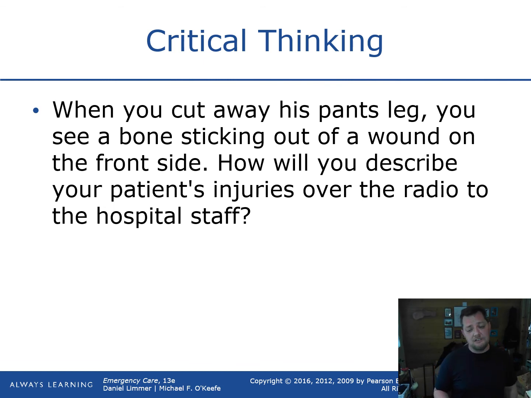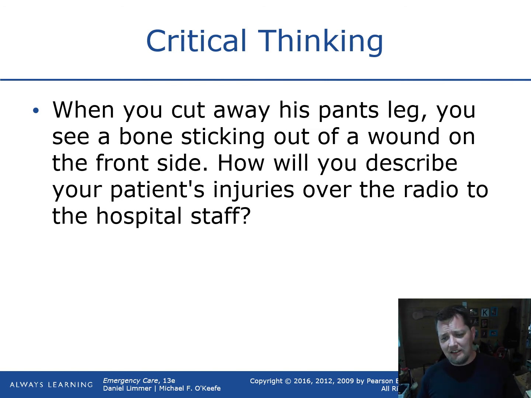So on this patient, I would say that I've got a male patient who has a laceration to the upper arm on the left side, a laceration to the lower arm on the right side, and then I've got an open wound with bone on his leg. It doesn't say which leg, so we'll just say his left leg.